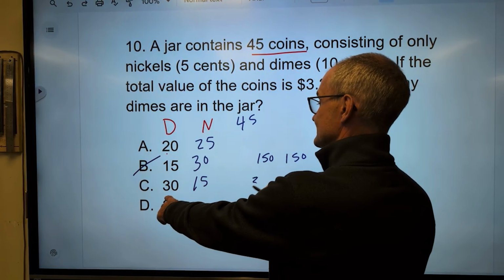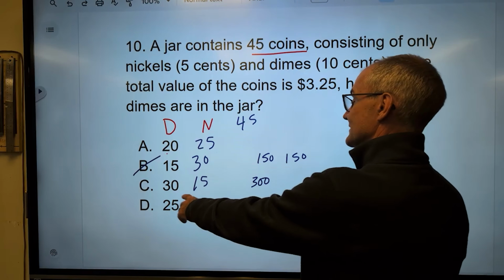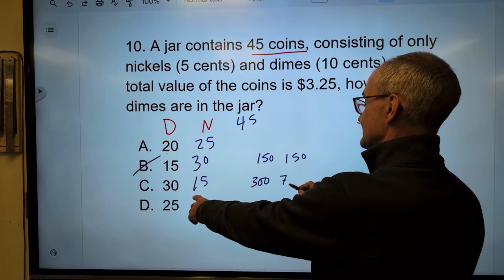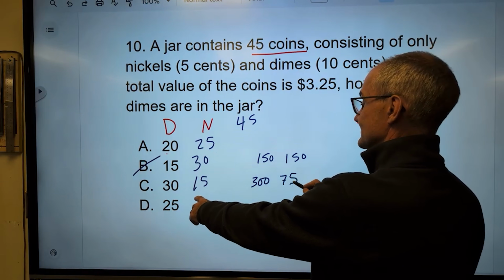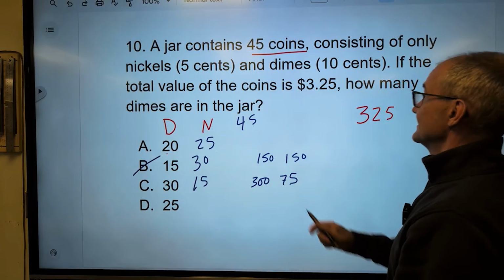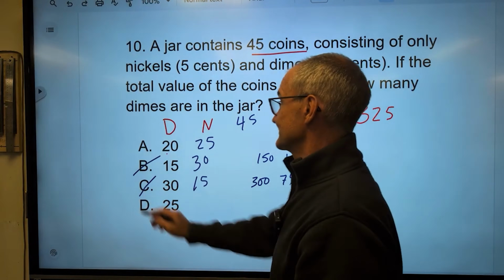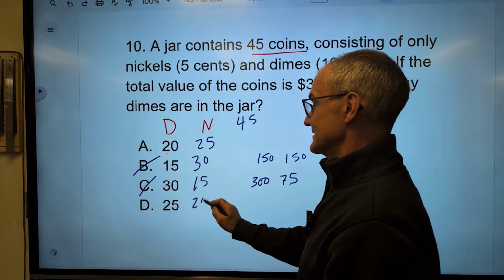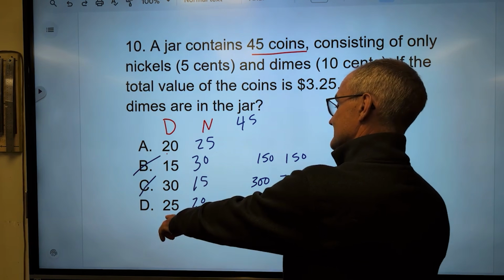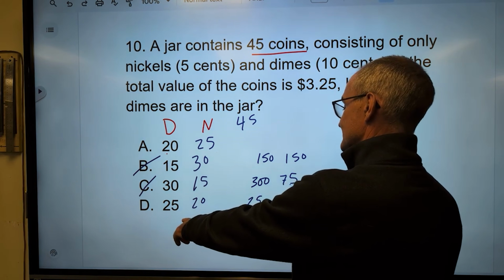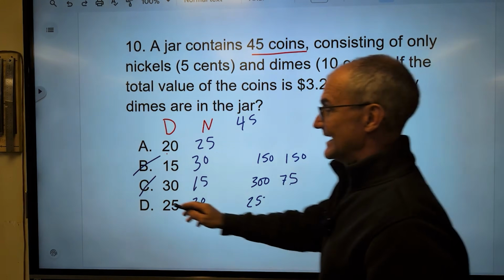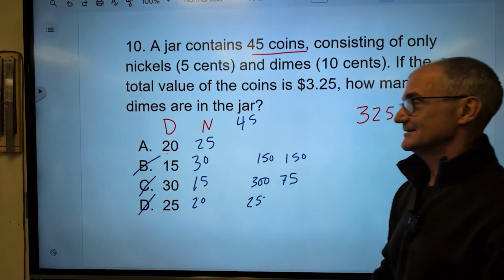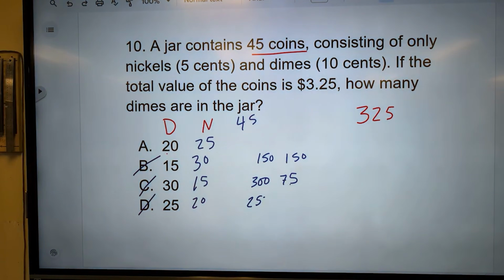This would be 300 cents in dimes, and this would be 75, 5 times 15, 375. That doesn't work. This would be 20. So this would be 250 cents. This would be $1, not that. So that original one worked through the process of elimination. The correct answer is answer A.